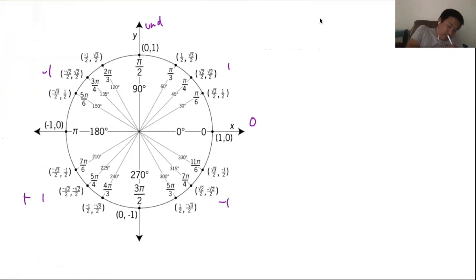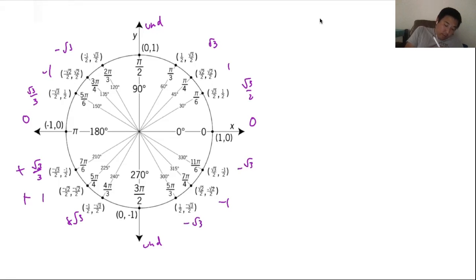This is 0, 0, undefined. And then that over that, root 3 over 3, negative root 3, positive root 3, negative root 3 over 3. And this is for tangent.